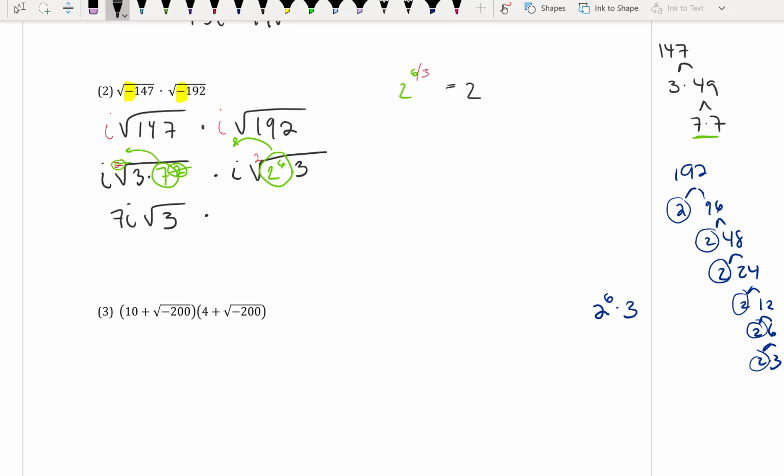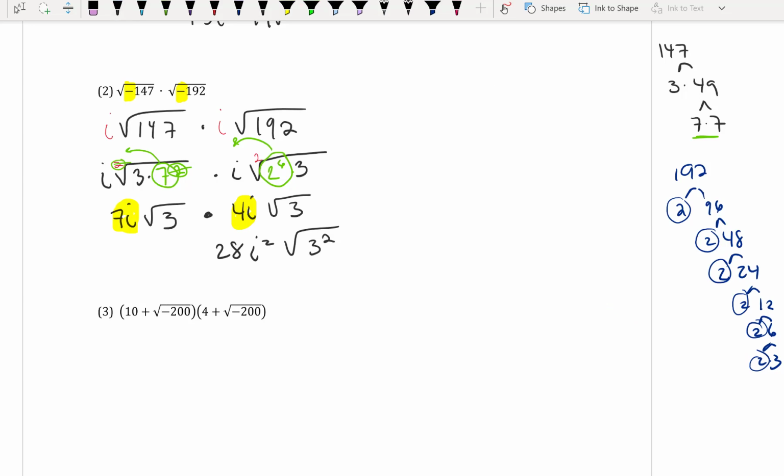So 2 to the 6 divided by 2, 6 divided by 2 is 3, and 2 cubed is 8. Now I have 8 square root 3.